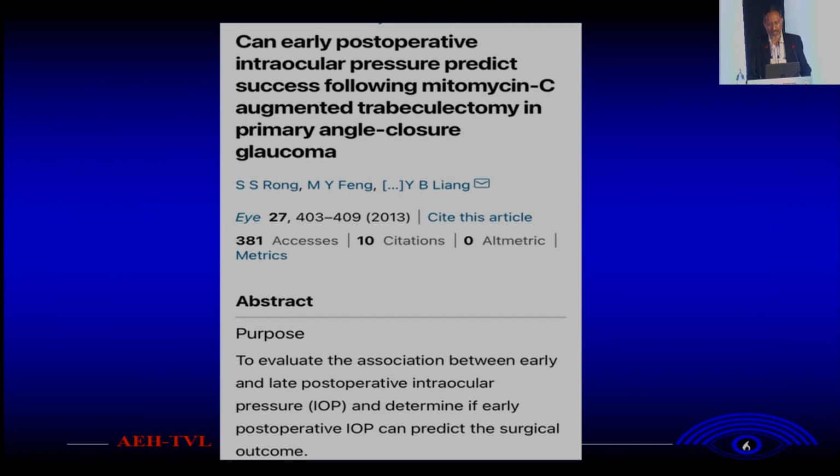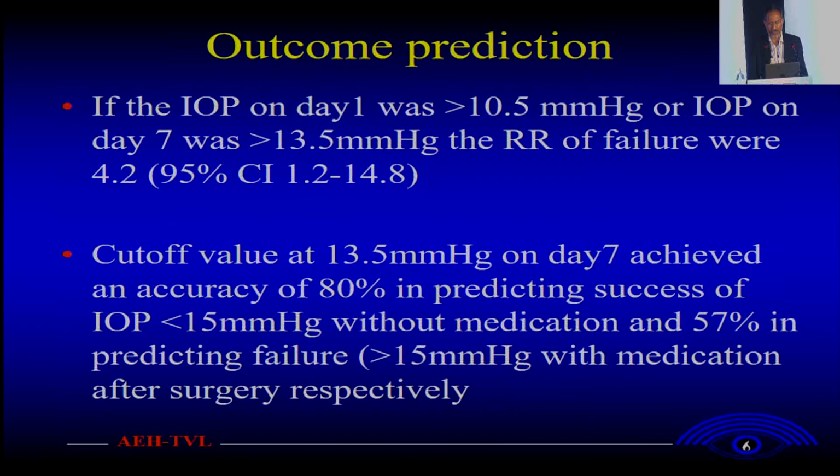And then, can early postoperative intraocular pressure predict the success of mitomycin C trabeculectomy in angle closure glaucoma? So this study says, if the IOP on day 1 is less than 10.5, or IOP on day 7 is less than 13.5, the relative risk of failure was 4.2.